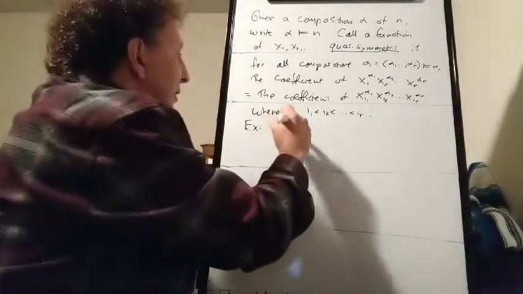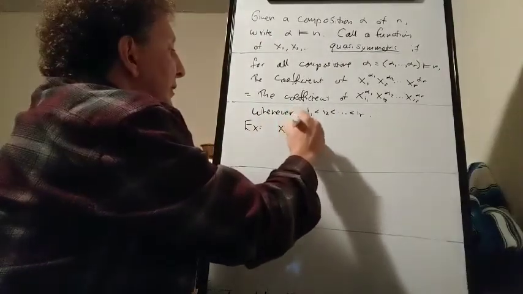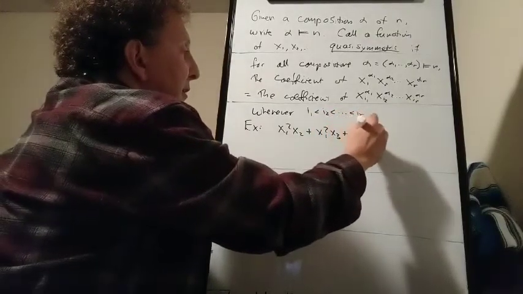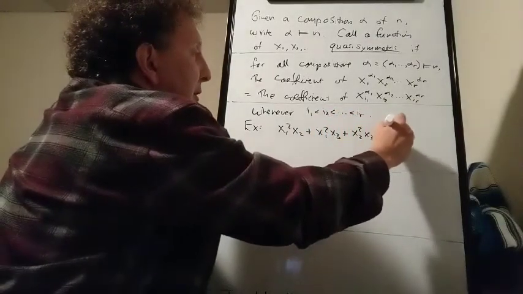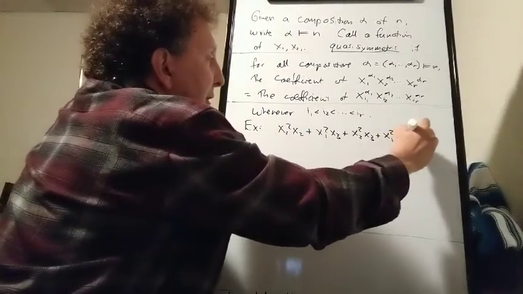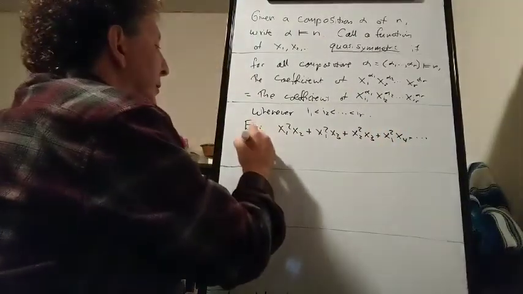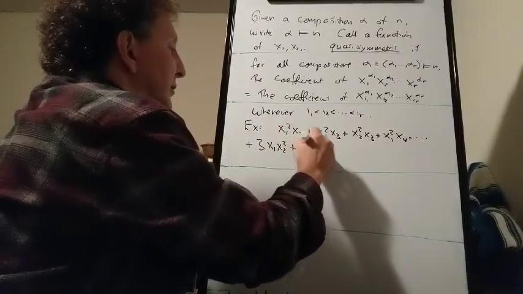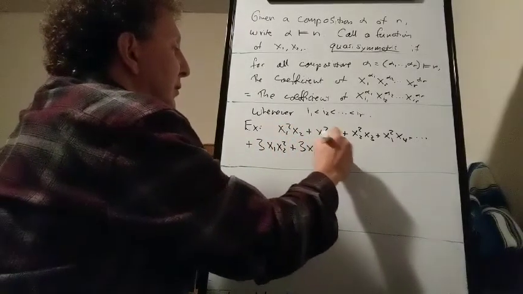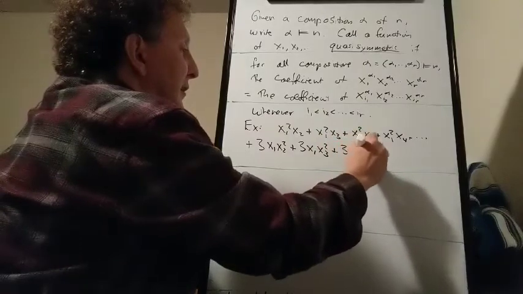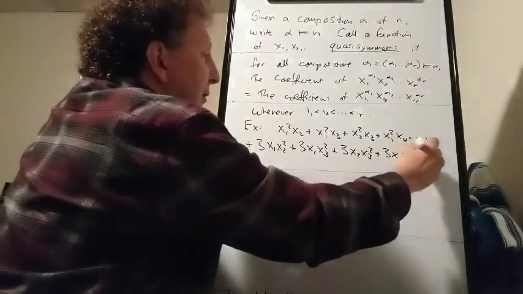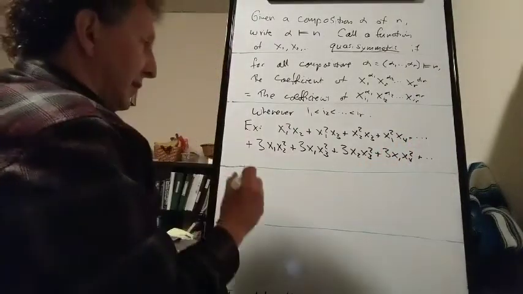So for example, if we have x1 squared x2 plus x1 squared x3 plus x2 squared x3 plus x1 squared x4, etc., plus 3 x1 x2 squared plus 3 x1 x3 squared plus 3 x2 x3 squared plus 3 x1 x4 squared, etc. That is quasi-symmetric.